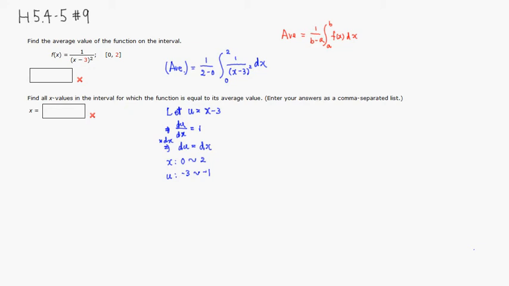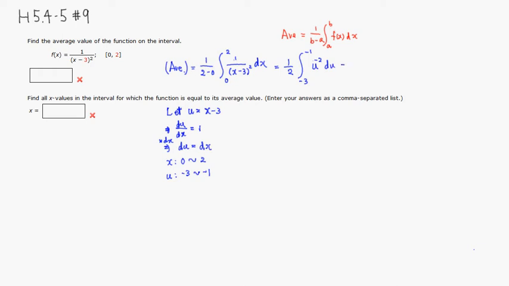So this can be rewritten as 1 over 2 times the integral from negative 3 to negative 1 of 1 over u squared, maybe I should write it as u to the negative 2 power, du.